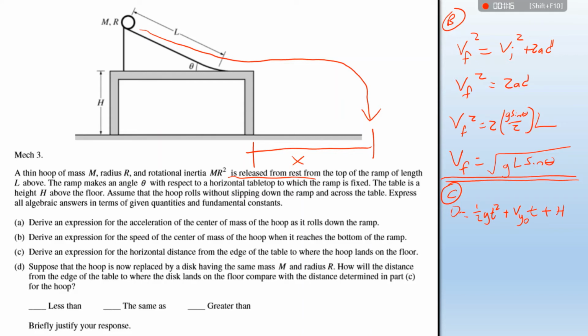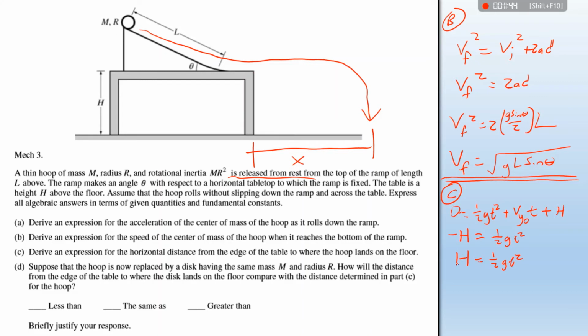Right? Yep. Okay, so if I do this, I'll have negative h equals, since this is 0, 1/2 gt squared. That g is negative because of our direction. So when I go to plug it in, that'll be positive. So I could say h is equal to 1/2 gt squared. And this is really my difference in my y values, right?